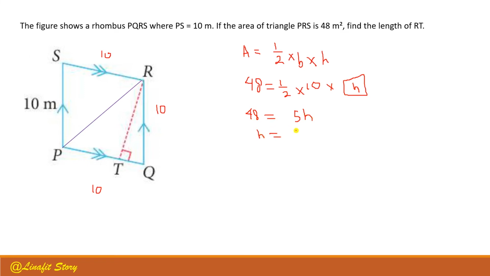So the height is 48 divided by 5 is equal to 9.6 meters. The height of triangle PRS is the height of the rhombus. So RT is equal to 9.6 meters.